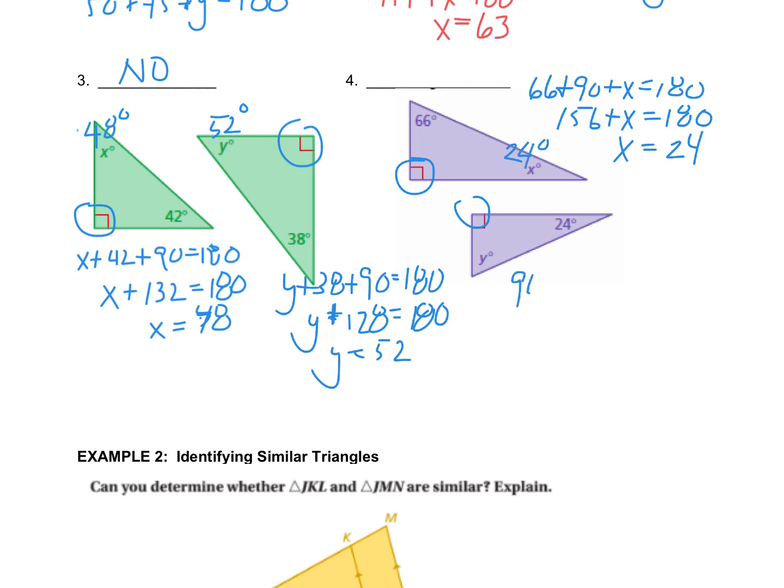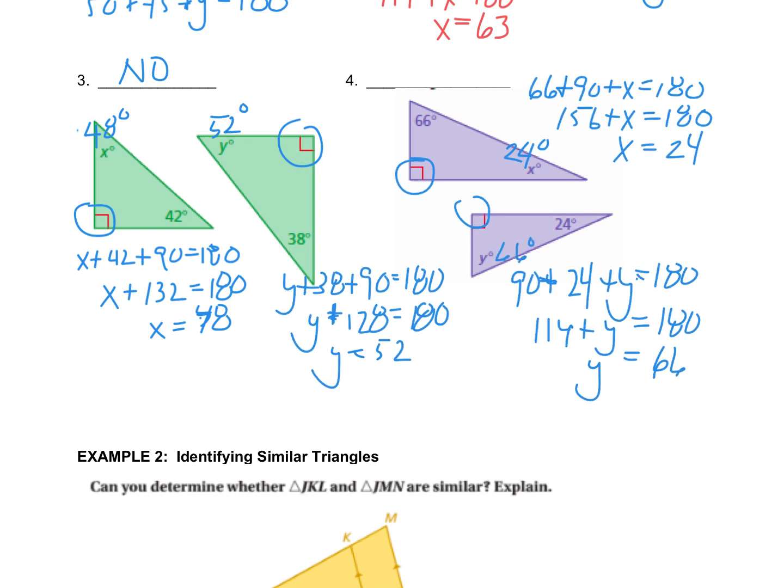We have 90 plus 24 plus y equals 180. That gives me 114 plus y equals 180. When I subtract the 114, I get y equals 66 degrees. So the answer here will also be yes.